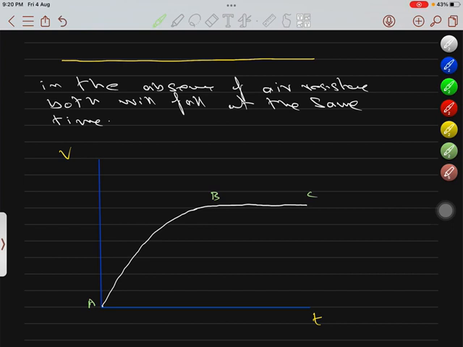So between A and B, the acceleration is continuously decreasing. At B, acceleration becomes zero. And since there is no acceleration at B, between B and C the object is moving with zero acceleration, or with uniform velocity, and this uniform velocity is called terminal velocity. So the section of the graph that is a straight line will represent the terminal velocity.